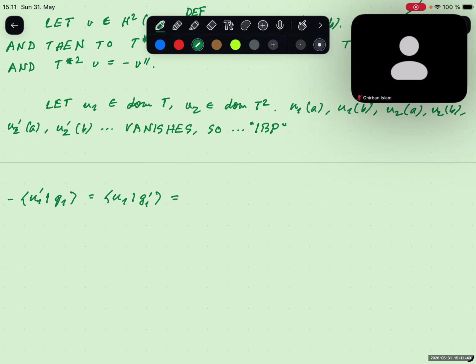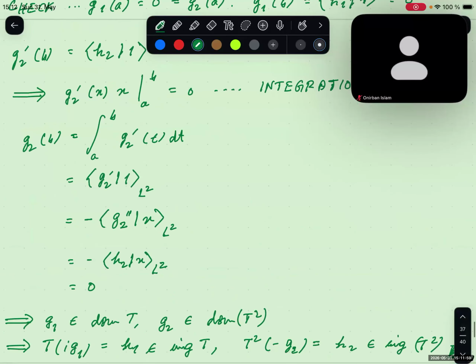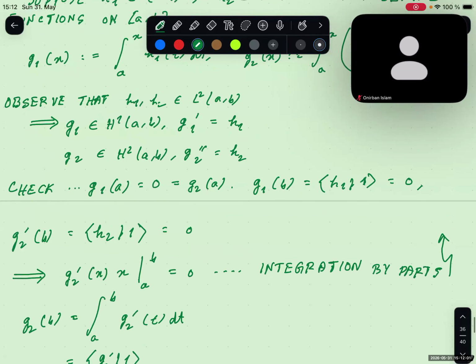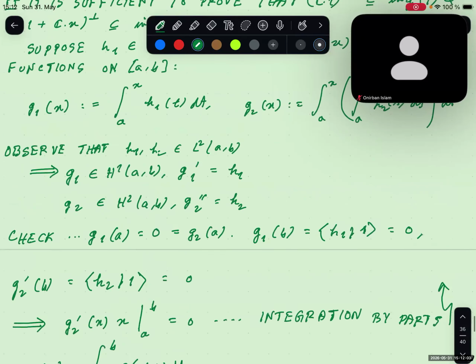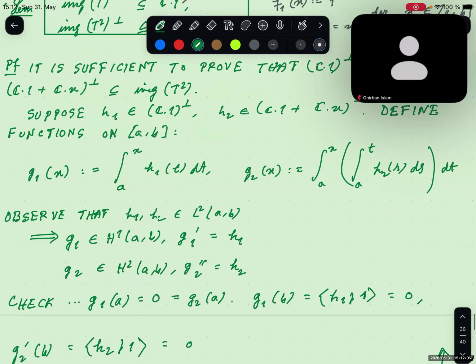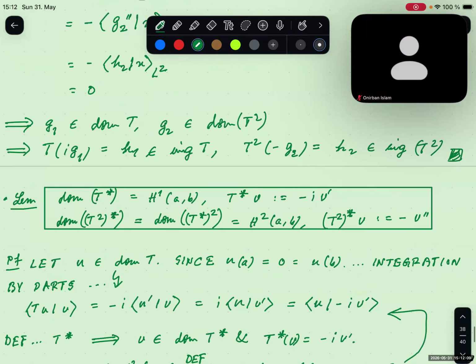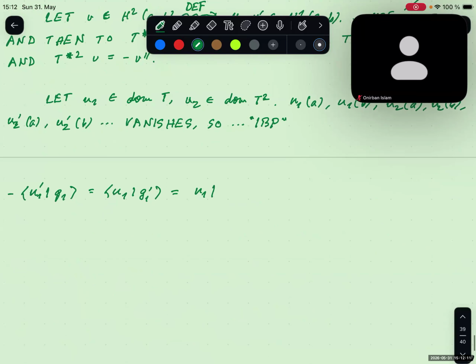Now this equals u1, and remember, where is our g? Here, this g1, g2 we defined yesterday, so their derivatives are h1, h2.